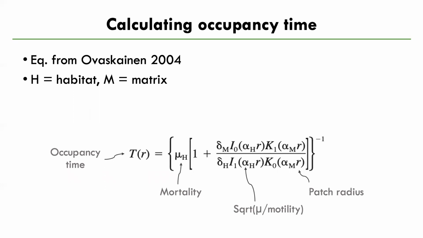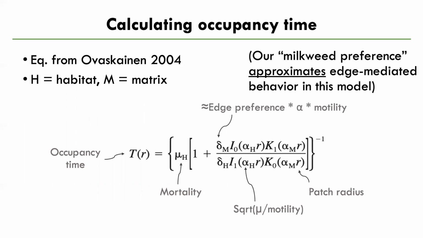Bigger patches have longer occupancy times. And delta is approximately equal to edge preference times alpha times motility. And it's only approximately equal in our case because the measurement in the field of the probability of monarchs entering the milkweed patch is only approximately equal to the number required in this model. And we'll talk more about that in a moment.